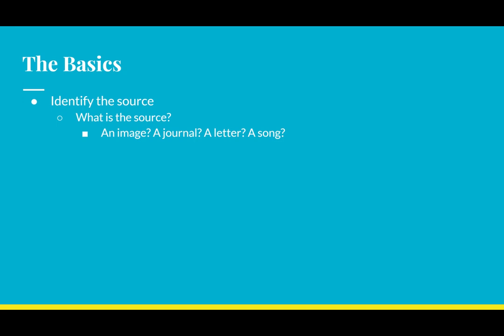Is it a song or lyrics of a song? Is it a dress? What is this particular source? And when we talk about identifying this particular source, that's looking at it in the most superficial way, which you have to a certain extent done already.